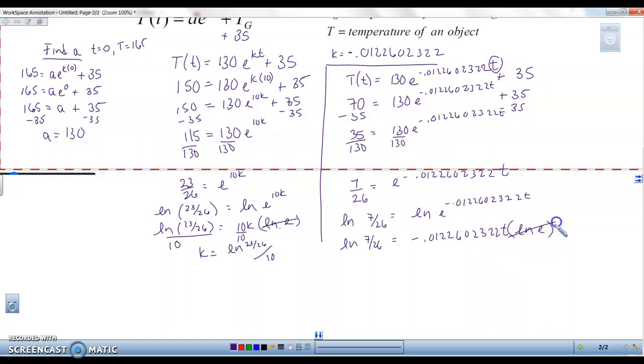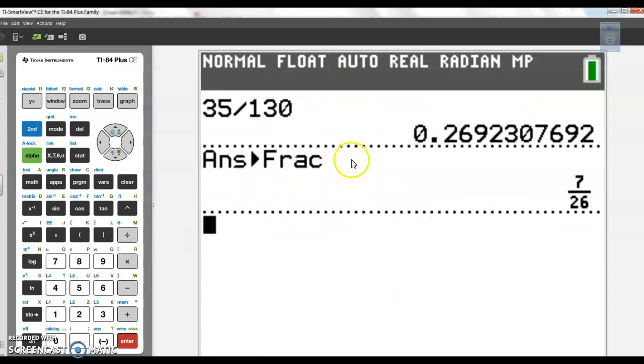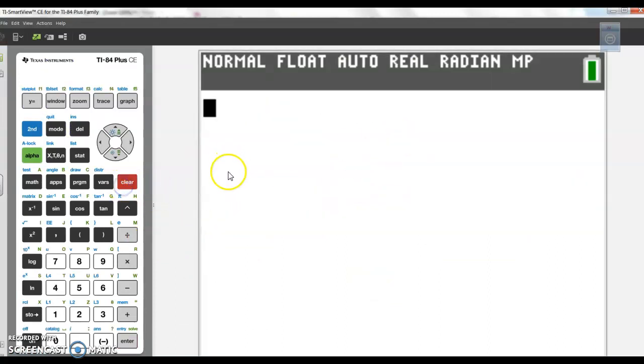All right, ln of e is equal to 1, so that will cancel out. So to solve this, we just have to divide by that number, 0.0122602322. Oh shoot, I shouldn't have divided that out. All right, so t equals whatever this is in the calculator. The reason I canceled that out is because I was going to just copy it in the paper. So let me put this back in here for a second.